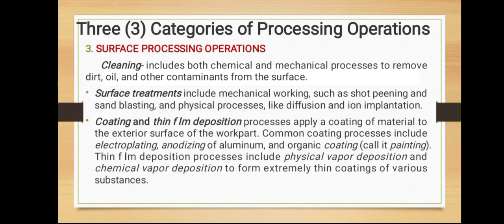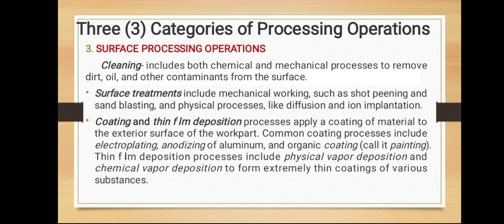Surface treatments include mechanical working such as shot peening and sandblasting, and physical processes like diffusion and ion implantation. The last is coating and thin film deposition processes, which apply a coating of material to the exterior surface of the work part.